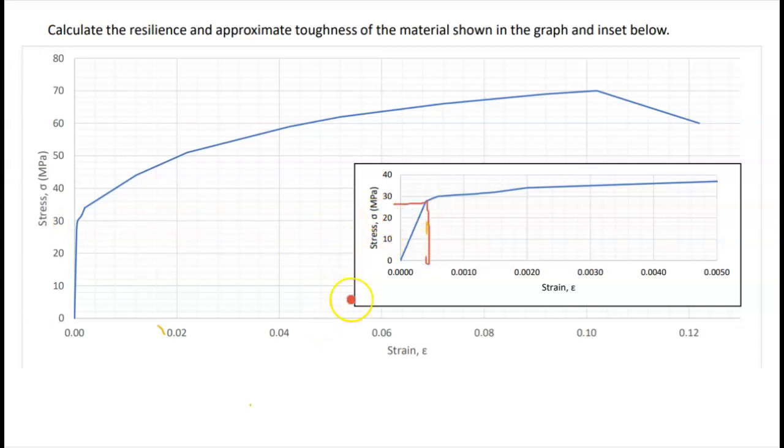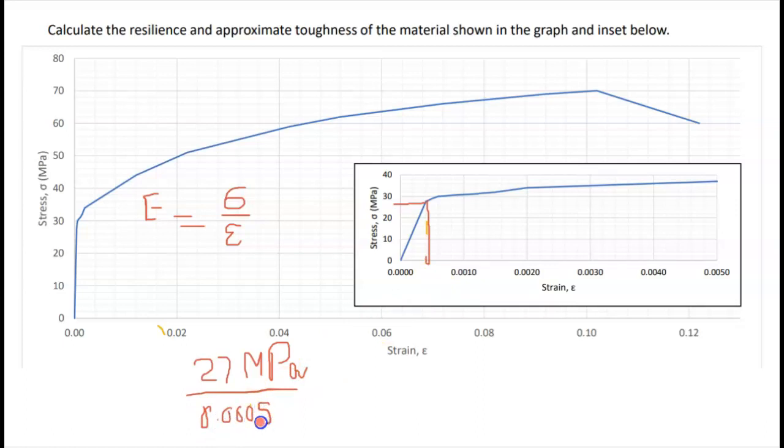So here I got the stress value, let's say, 27 megapascal, and the strain value which I look at here is 0.0005. You will all get a different value based on how you read the graph. That will give me the elastic modulus, and I can press ENG and it can give me gigapascal, and I can convert mega into giga. That's how we find the E.